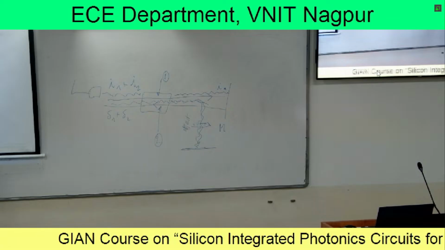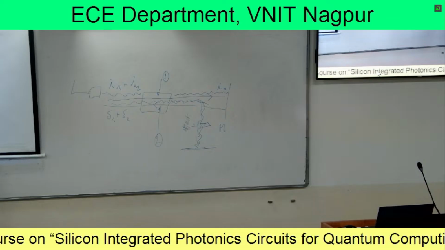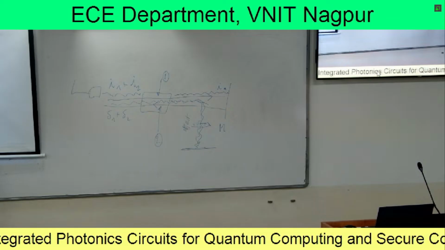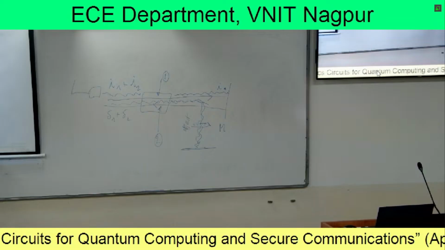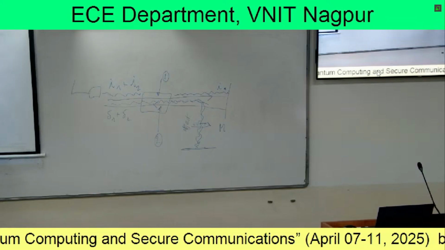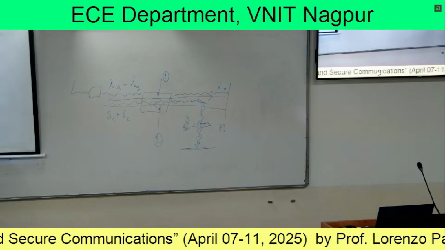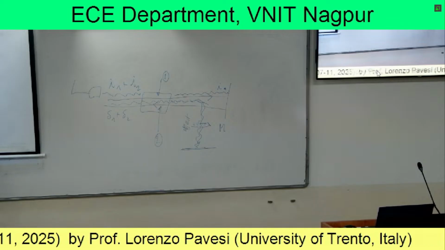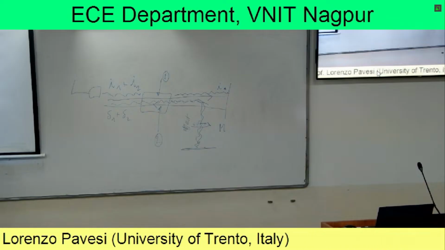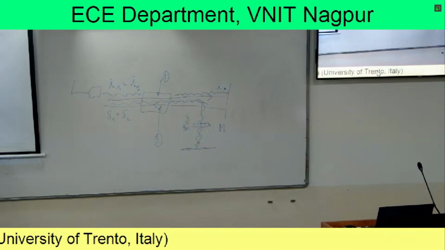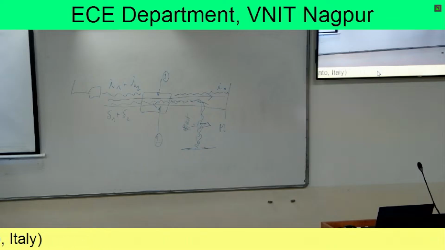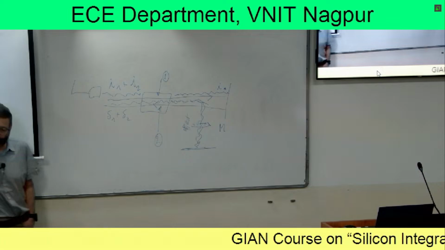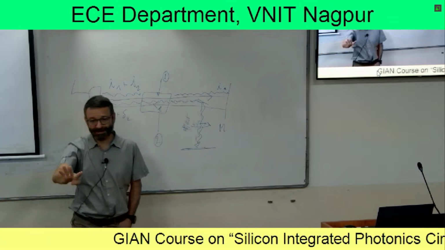So one photon generated by the first source should be used to herald the generation of the other photon. And then we need to measure the coincidence events, which are triggered by the measurement at the same time of this photon and of that photon. We need to measure coincidence events between those other photons. So at the end, we need to have 4 detectors that click at the same time.